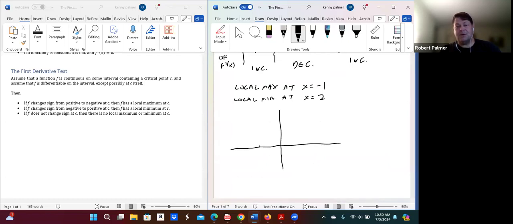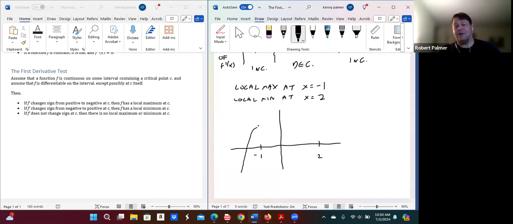Okay, so here is -1. Here's 2. Remember, that's where the function changes. We didn't investigate where the function itself crosses the x-axis. It looks something like this.